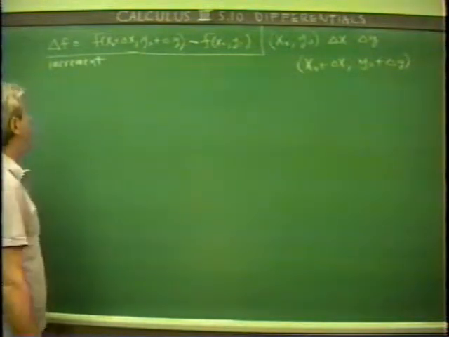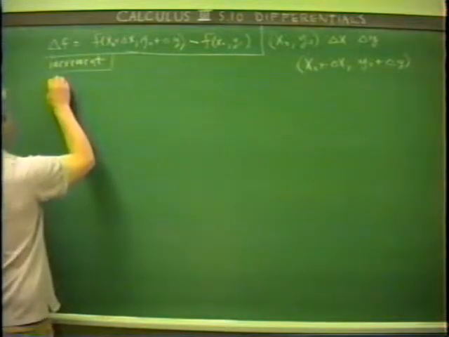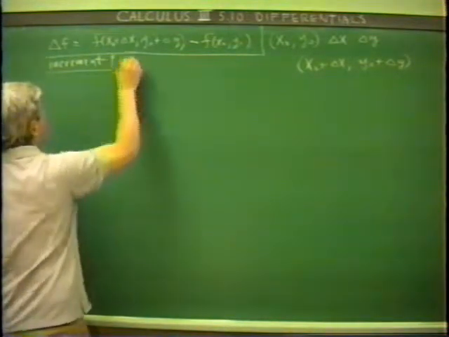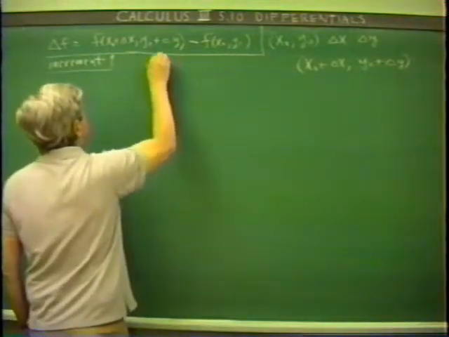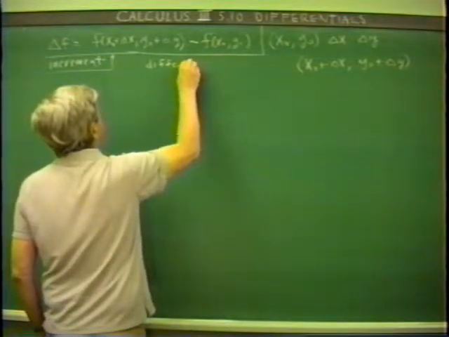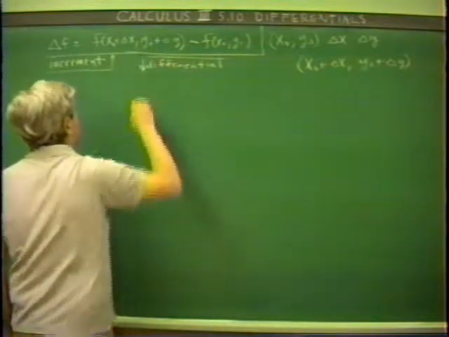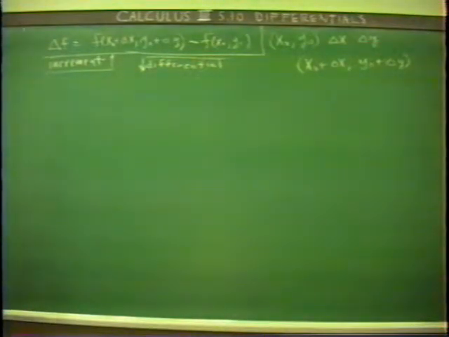Right? It's the actual change between the value of the function at x naught, y naught, and the function at x naught plus delta x, y naught plus delta y. Right? However, frequently what you want, instead of the increment, is to use an approximation for it, which is called a differential.